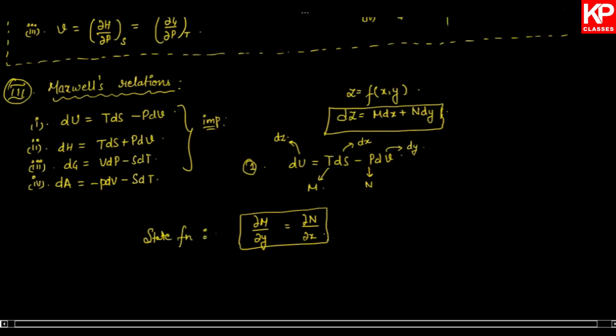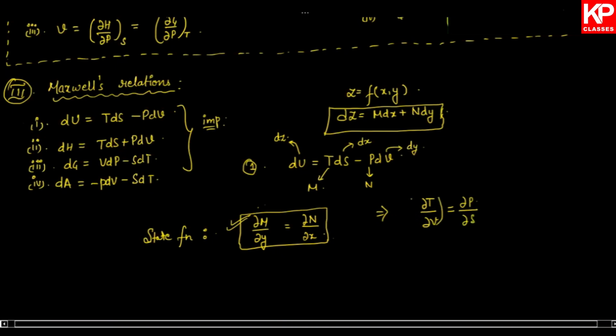M is nothing but T, and y is given by the dV function, so del T by del V equals del M, that is del P, by del x, that is del S.